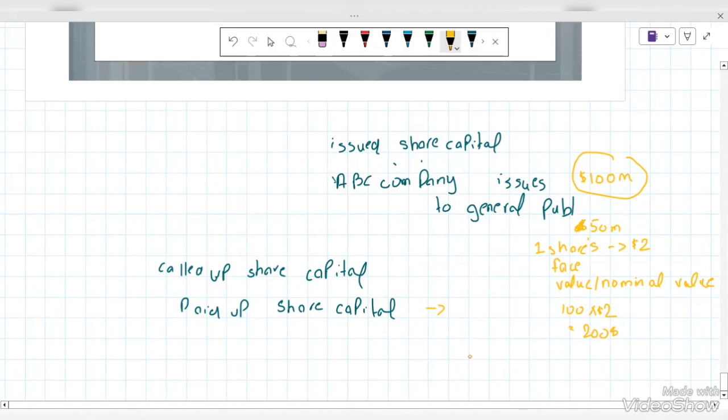If we multiply 50 million by 2, we have $100 million in the form of capital. So this is basically paid up capital.